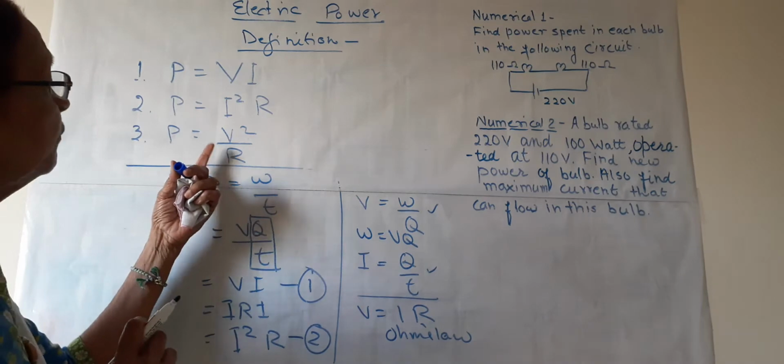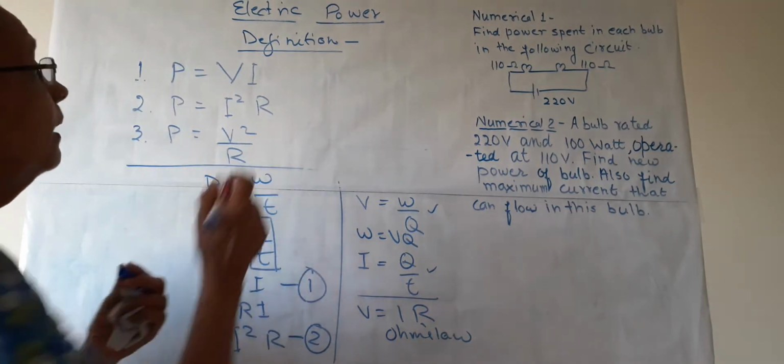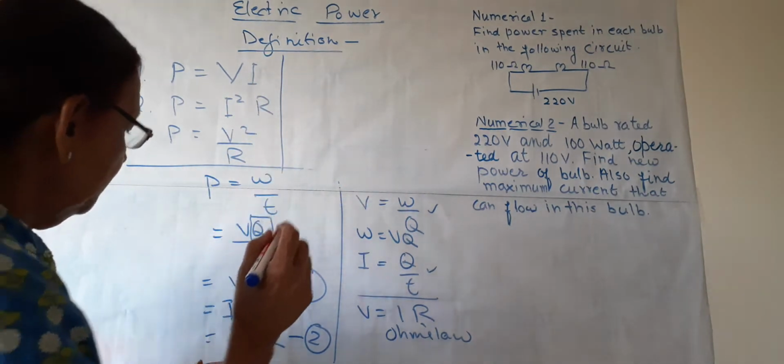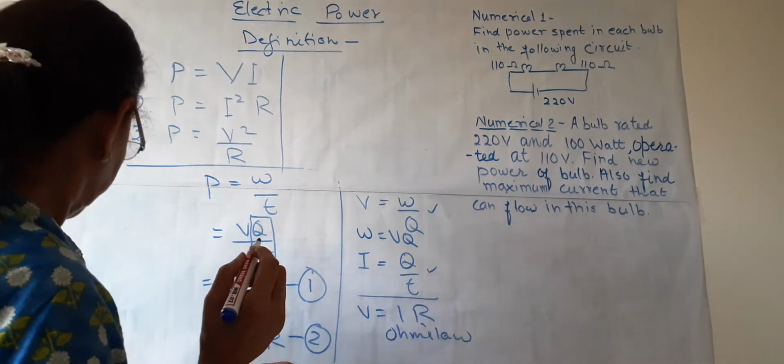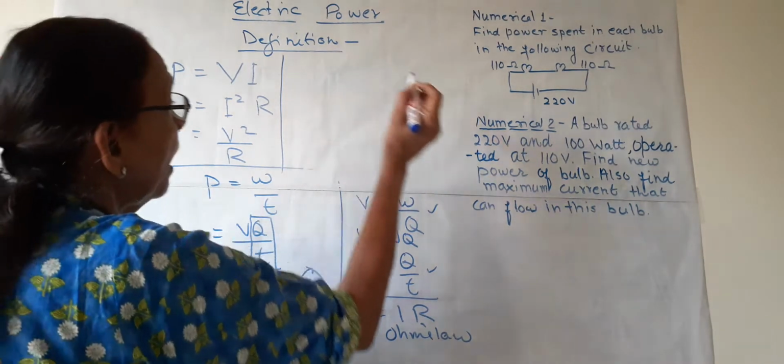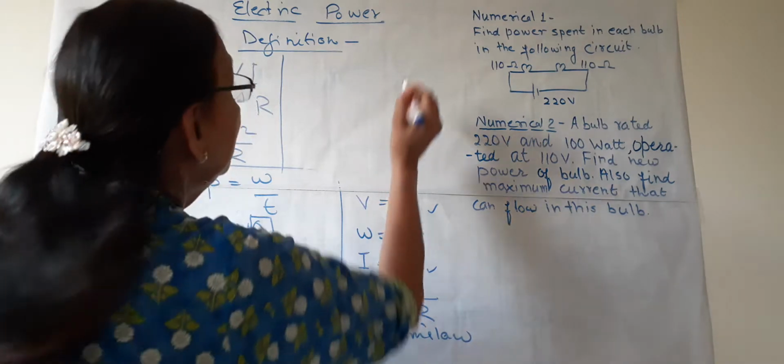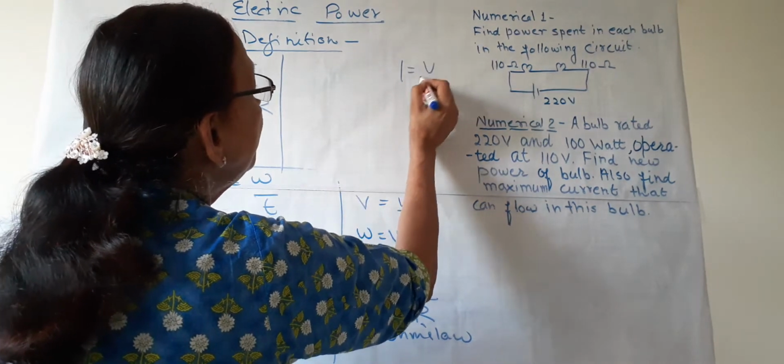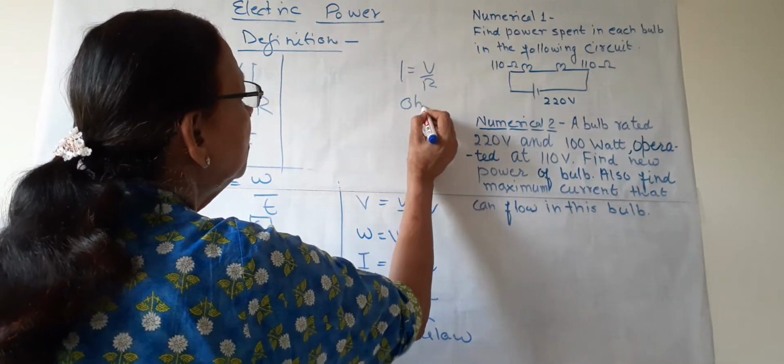Now what is the third formula? V square upon R. We will derive this from I square R. By Ohm's law, I is equal to V upon R, as all of you know.